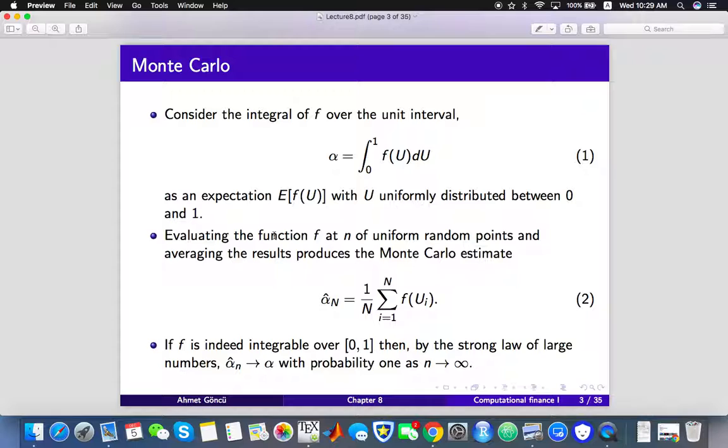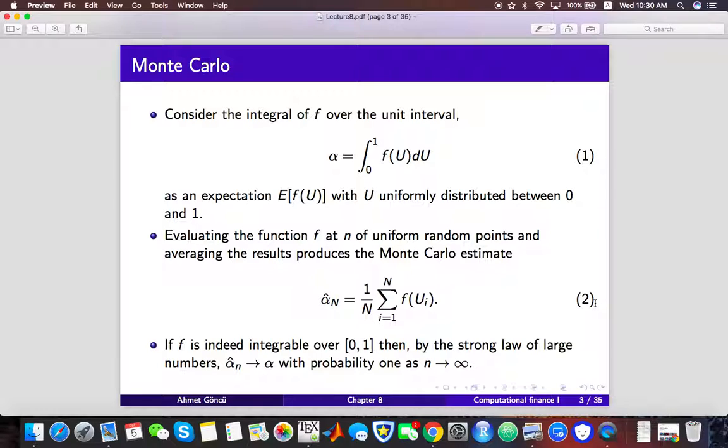So remember that in the Monte Carlo method, we have an integral of the function f of x over the unit interval. If we call the analytical value of this integration alpha, as in equation 1, we can approximate this integral by using sample averages of the function evaluations, as given in equation 2.